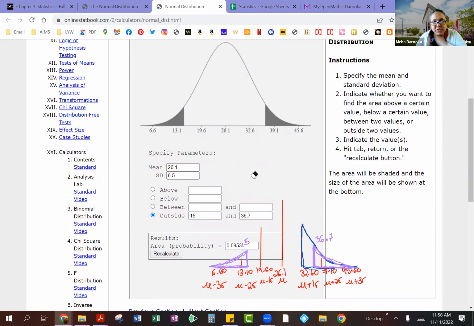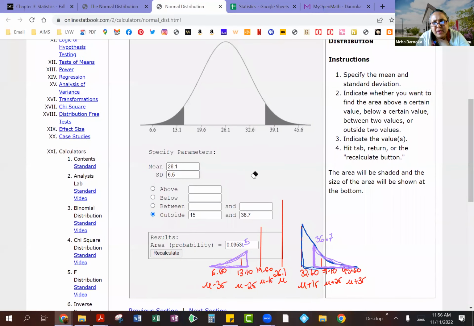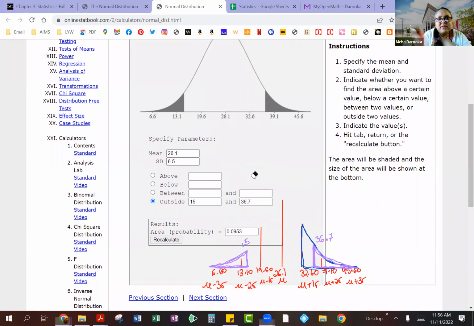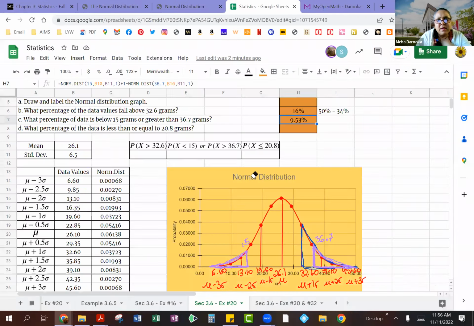So this is what we should be coming up with. So that's what our percentage should come out to be, 9.53%. All right, perfect.